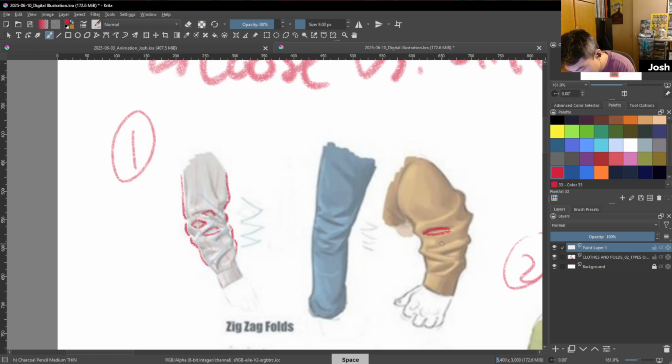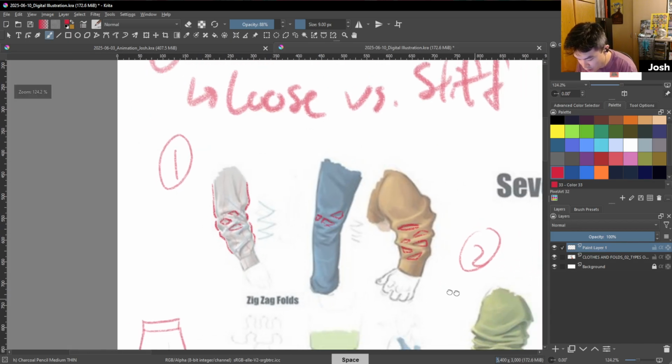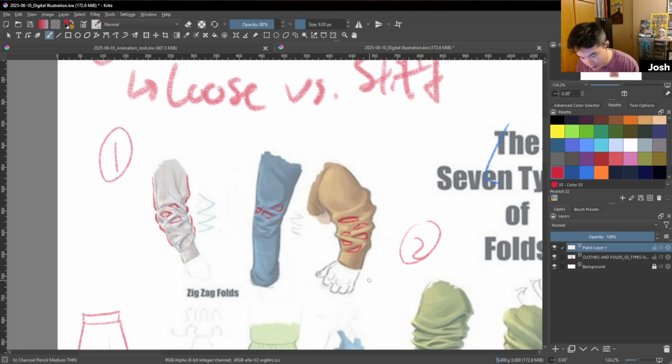So there's a pocket here, then there's a pocket over here, then a pocket here, then a pocket here, then a pocket here, and a pocket here. And you'll notice that it's also random whether you get a triangle, sometimes you'll get a diamond, sometimes you'll get an oddly shaped diamond as well. So it's all about just drawing it randomly, because it is random. When you fold and roll up your sleeves, there's no way of predicting exactly what shape you're going to get.